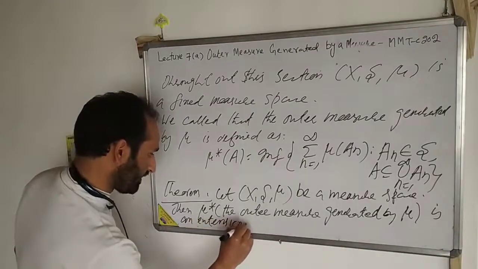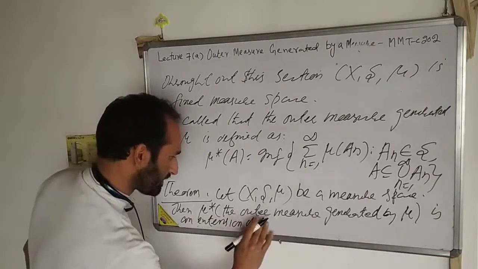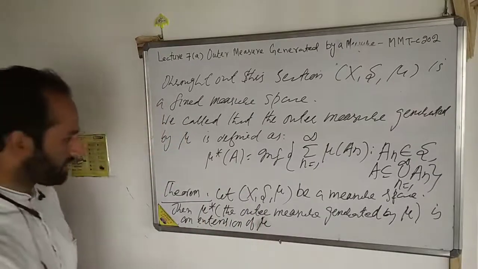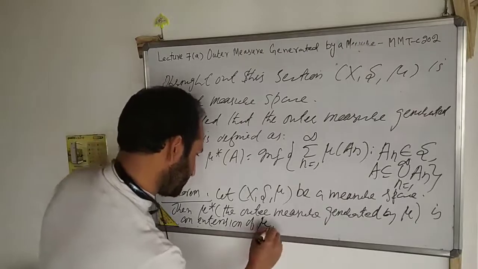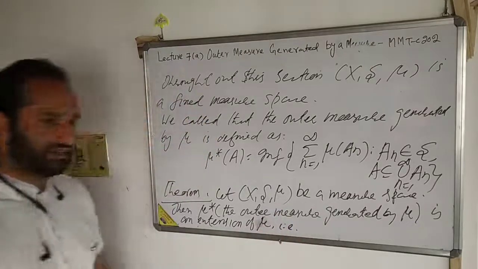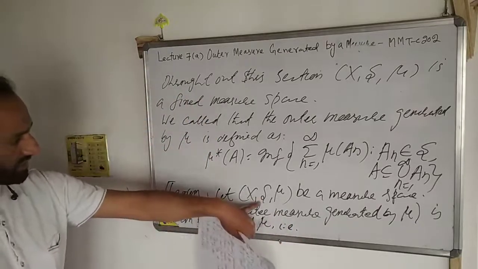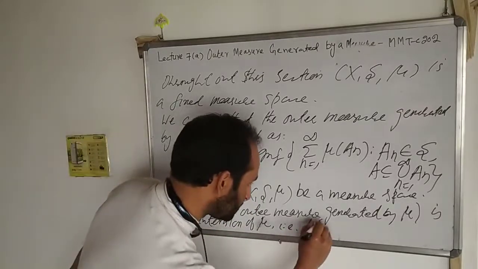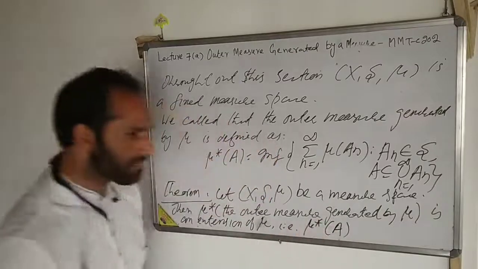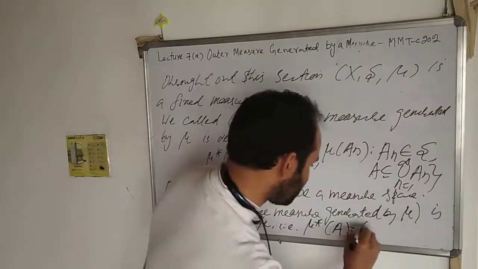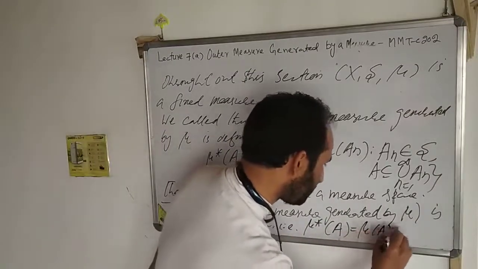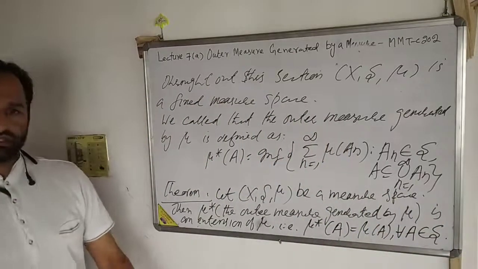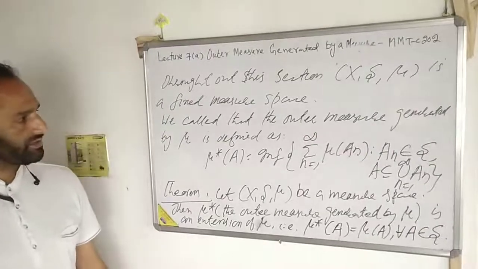By extension, we mean that when we restrict our mu star to this collection S, it will coincide with mu. That is, mu star of A is equal to mu of A for all A belonging to this collection S of semirings.